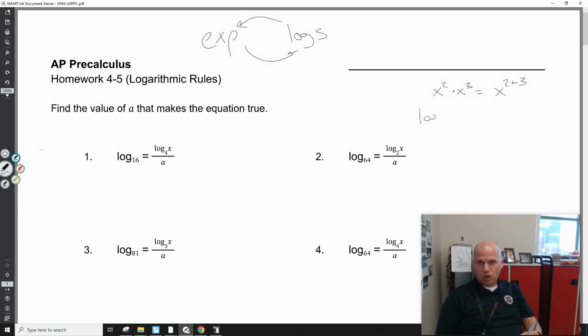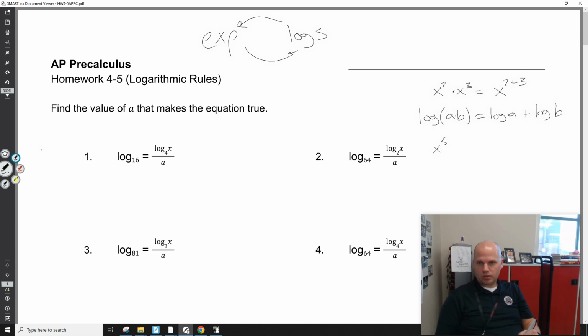The similar log rule is that when you're multiplying stuff inside of a logarithm, doesn't matter what the base is, you could sum the log of both of those numbers separately, and it's equivalent.